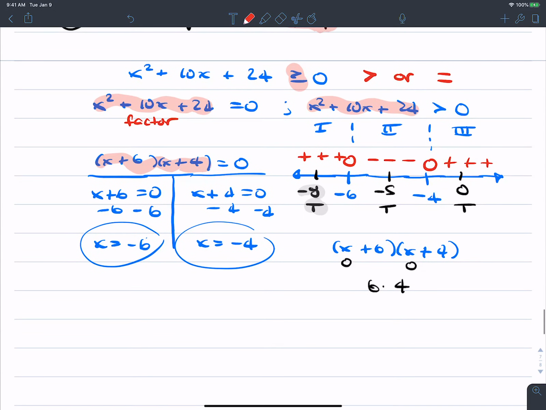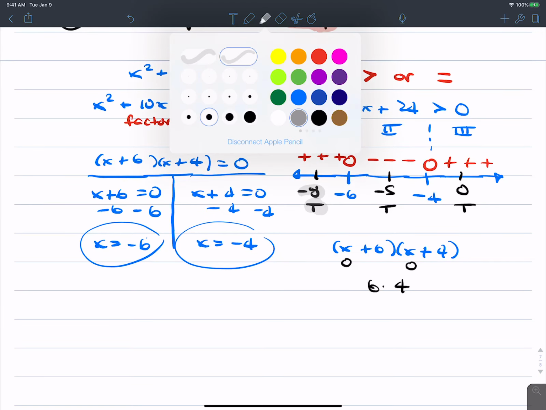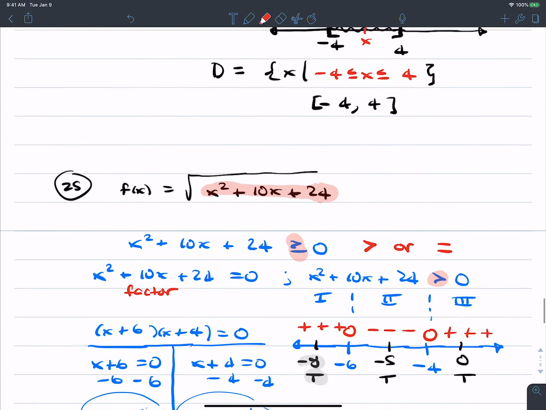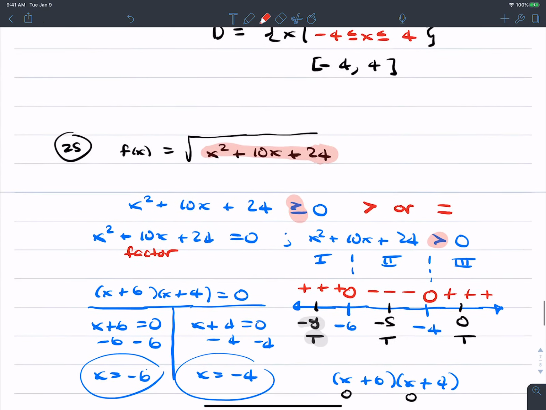So go back again and remember, we're trying to find where this quadratic is greater than 0, which means positive. And that happens, let's see, what did we do before? Let's take a look at that.